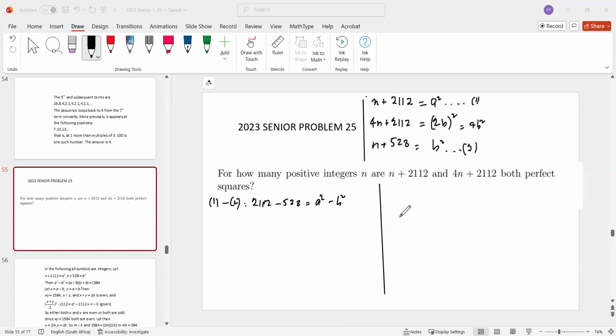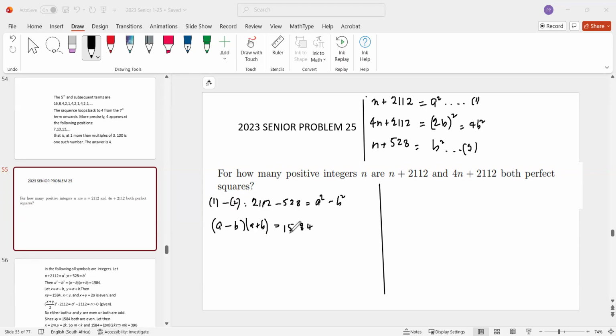A squared minus b squared is a minus b into a plus b. So when you simplify this, you get 1584. Right, 21 minus 5 is 16, so you carry 15, and 16 away from 100 is 1584.